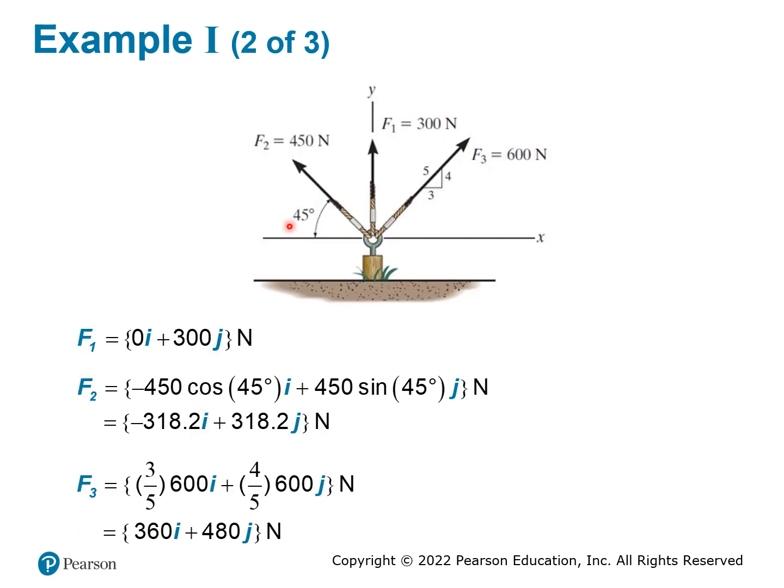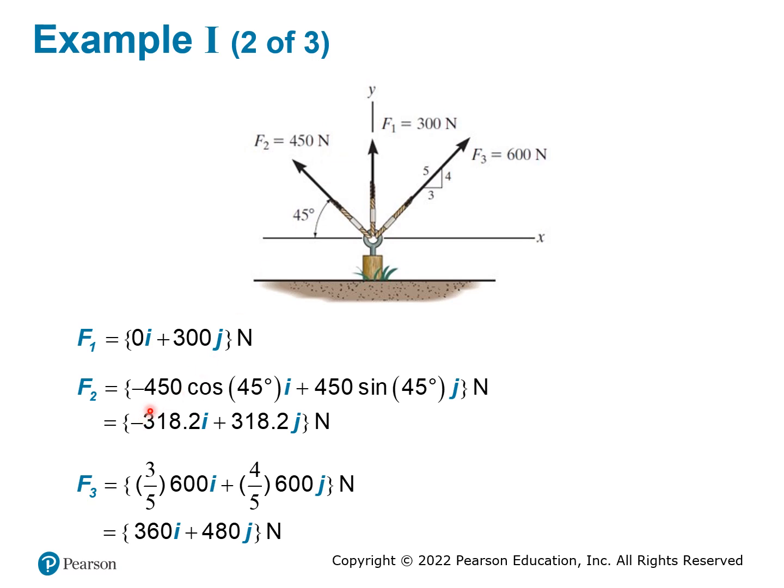So F1, as we said, is on the y-axis. The y-axis is the j direction. So you have 0i plus 300j, and the unit is Newton. So we are representing this one as a vector, in the x and y components, or the i and j components. For F2, it's 45 degrees with respect to the negative x-axis. This is 450.